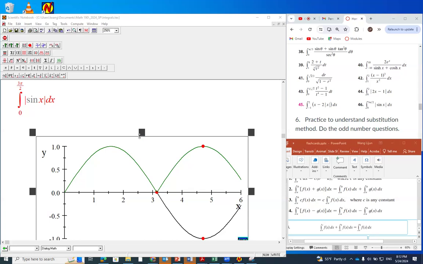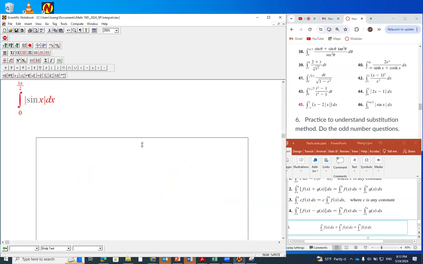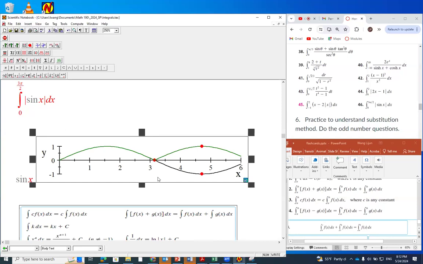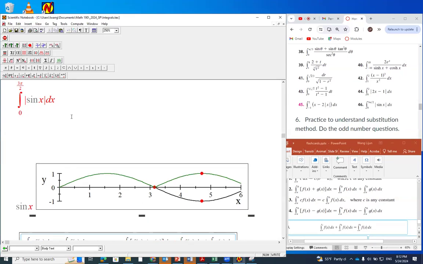Once again, I'm going to use a number line to illustrate with the help of this curve. So here's the 0, and here's the pi, and here is 3 pi over 2.